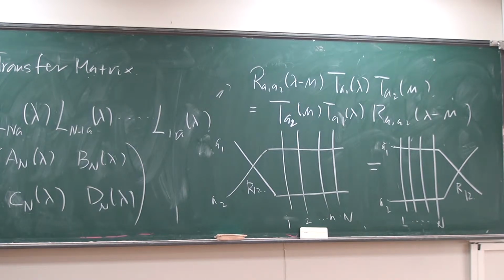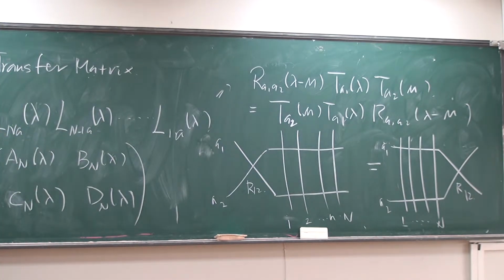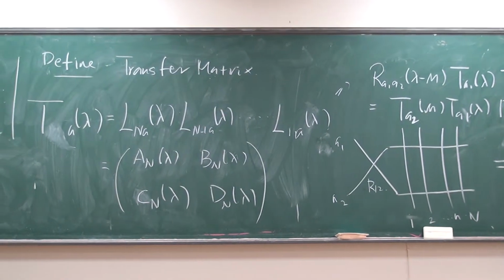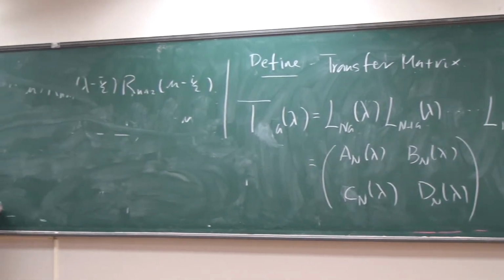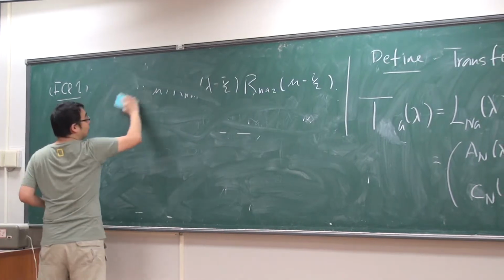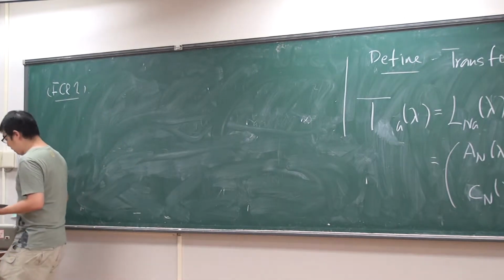And this implies something very nice. Let me make some comments. This kind of Yang-Baxter equation you will also see in the context of conformal field theory, where it appears as a fusion relation between different correlation functions, and in various other places.